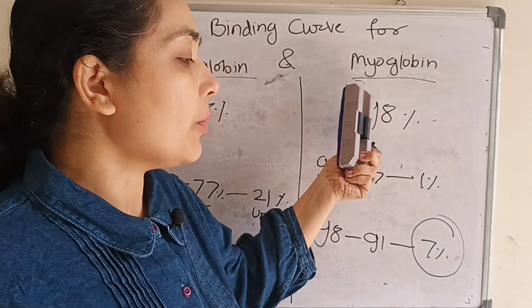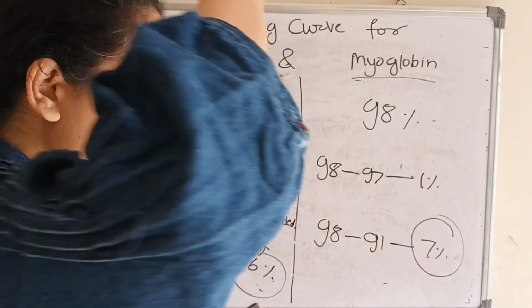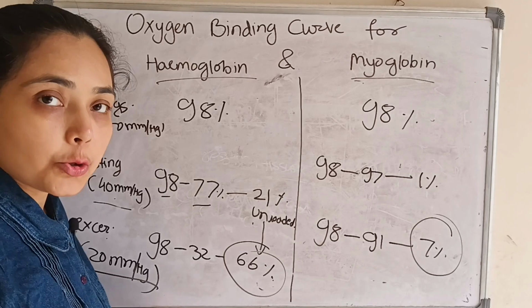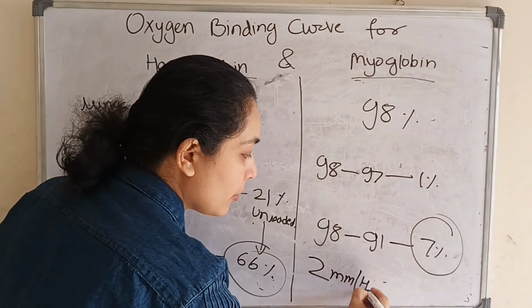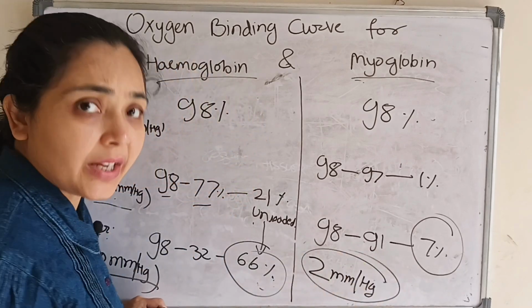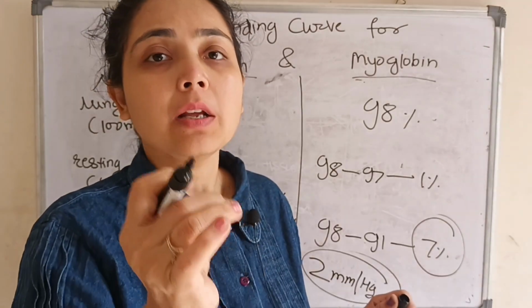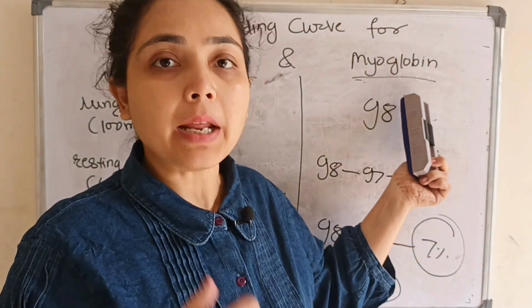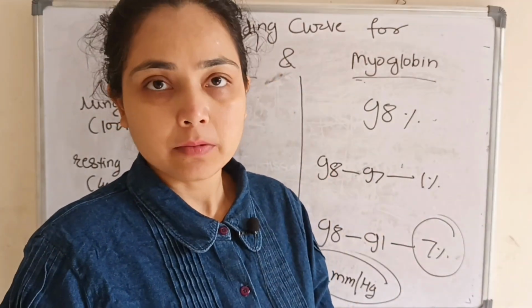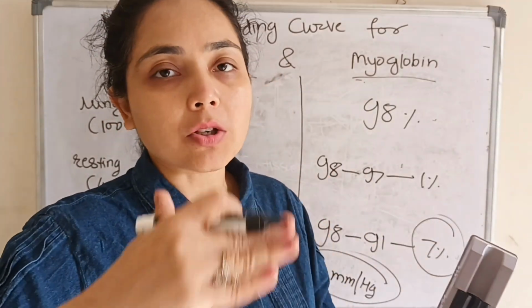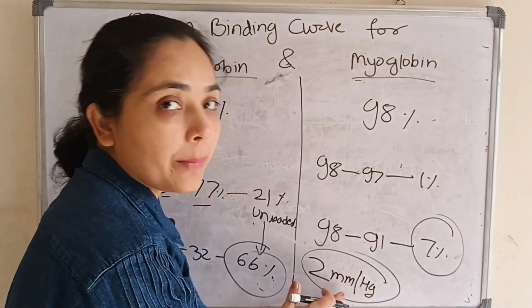And the myoglobin is used as a storage protein, because when the partial pressure drops to very low, right now exercising tissue is 20, but when it becomes almost 2 mm of Hg, at that time there will be a sharp fall in the percentage saturation of myoglobin, and all myoglobin will rapidly supply the oxygen all together. So that will be at the very low partial pressure of 2 mm of Hg.